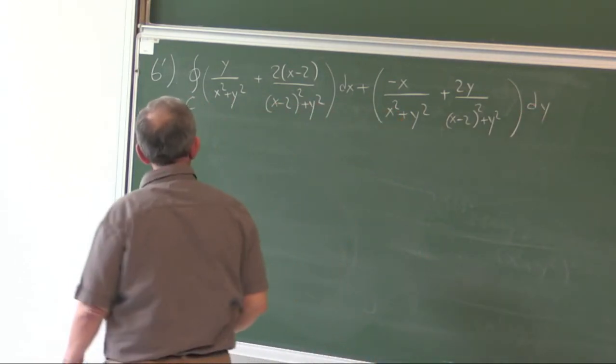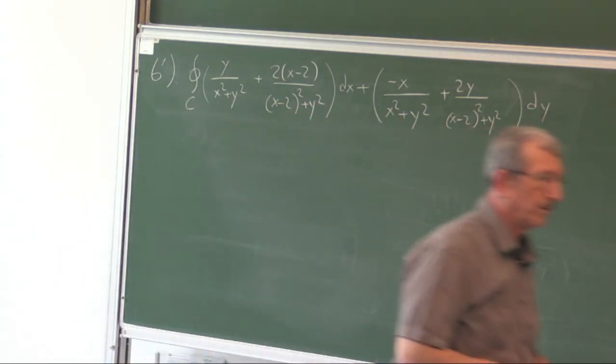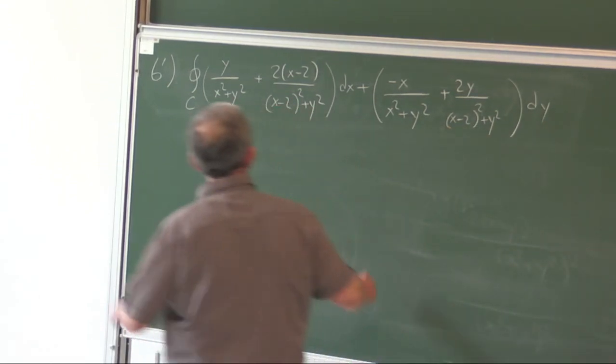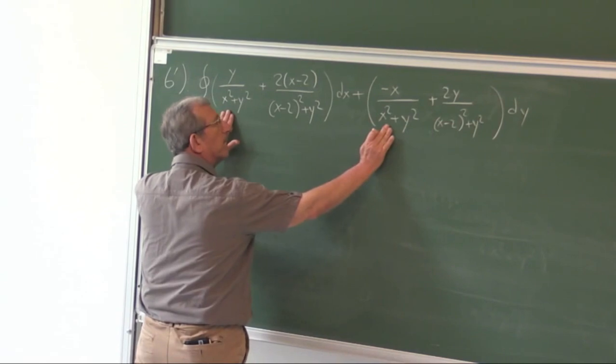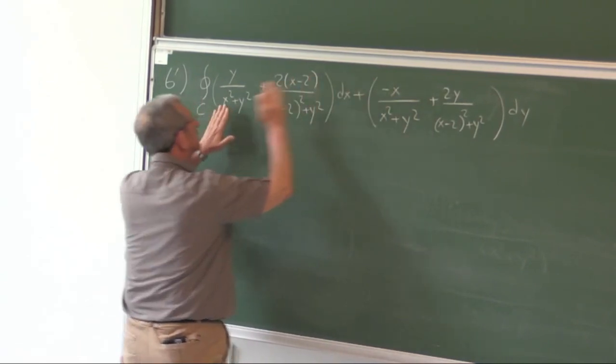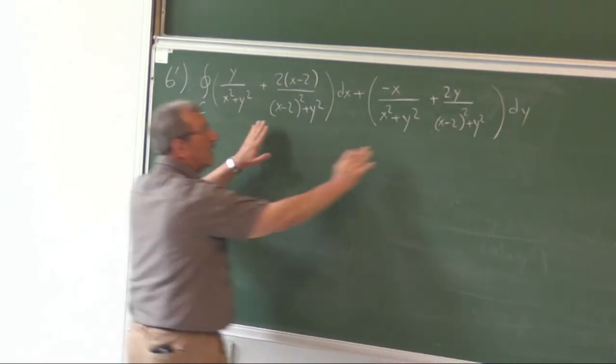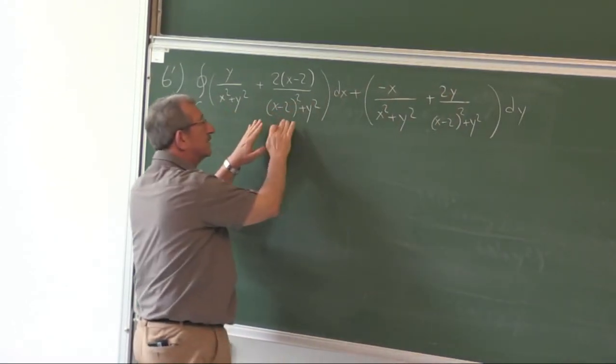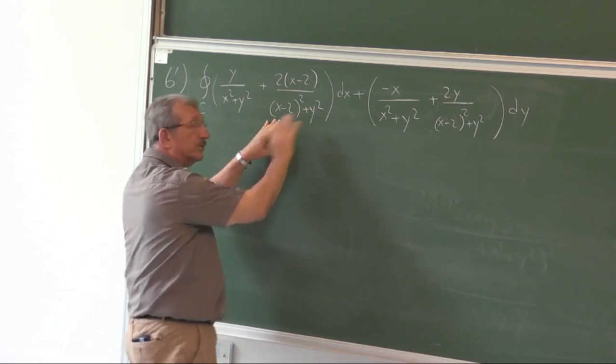Okay. Now we observe, by direct calculation again, that these two have the property q sub x is p sub y, and the derivative of this with respect to x is the same as the derivative of this with respect to y.